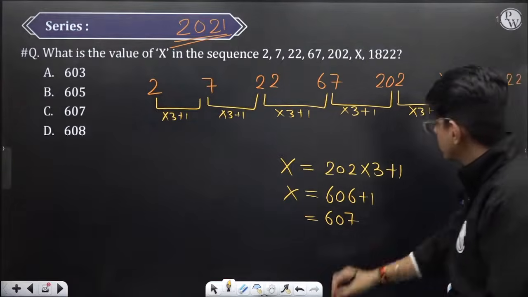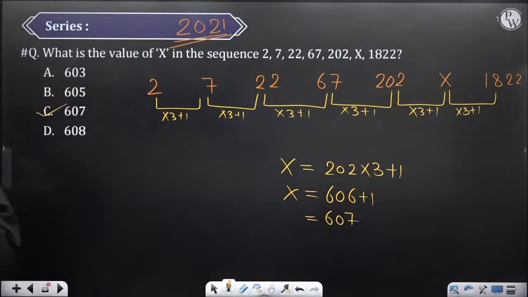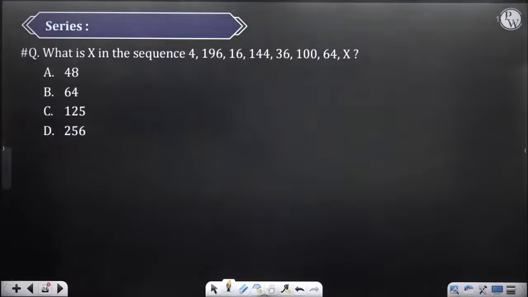So this is also correct. So the answer is C, 607. Done, into 3 plus 1. This was your question from 2021. Next is your question from 2019.